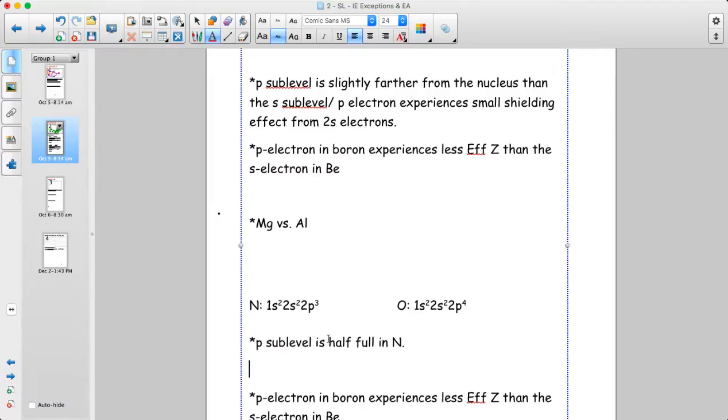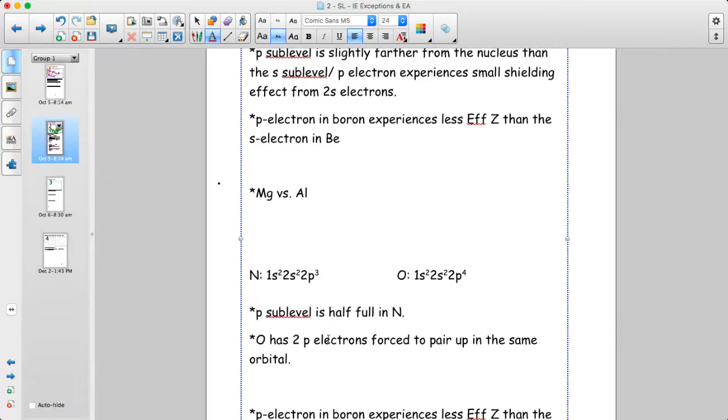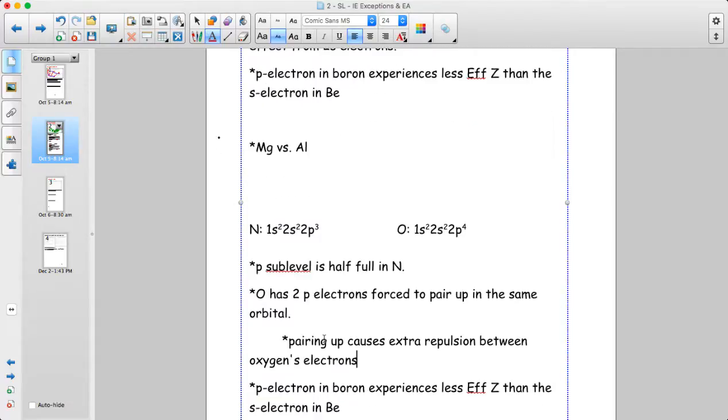For oxygen, 2 p electrons are forced to pair up in the same orbital. We talked about that a little bit, that pairing up causes extra repulsion between oxygen's electrons, and if you have repulsion, that takes away from attraction.